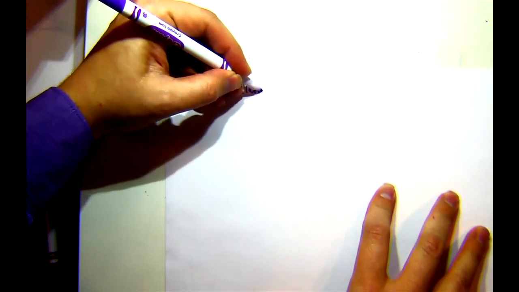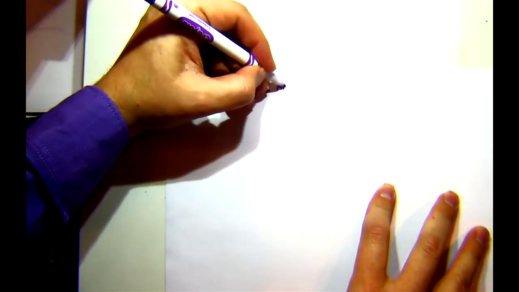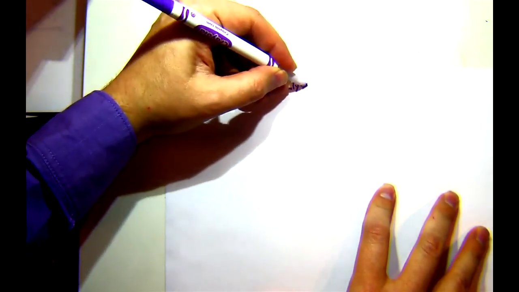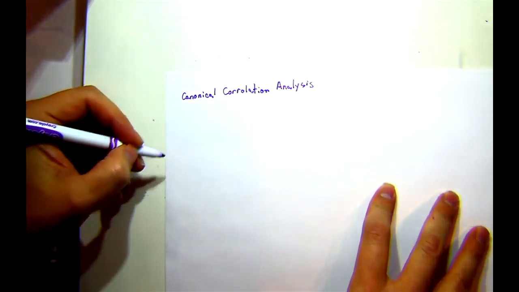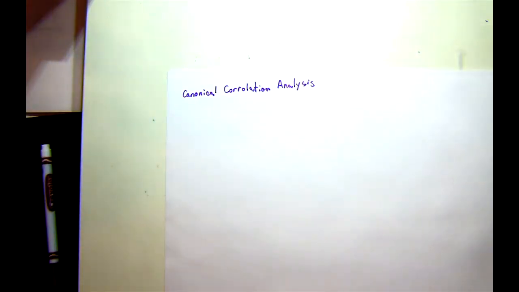It's called canonical correlation analysis, and it's very different from what we've been doing.